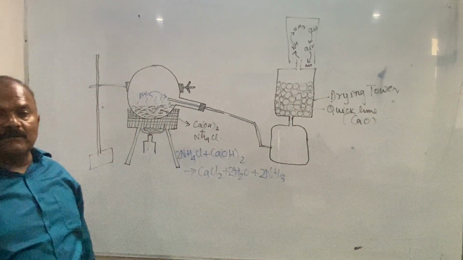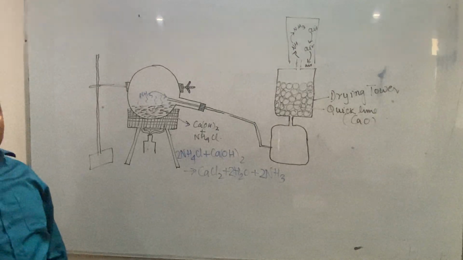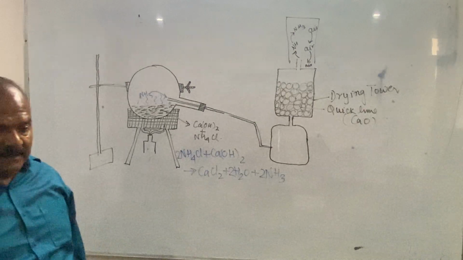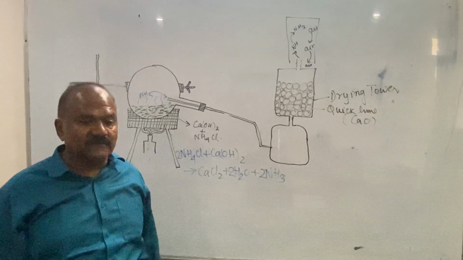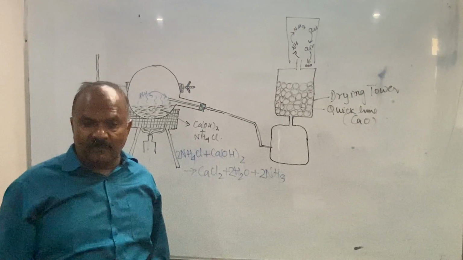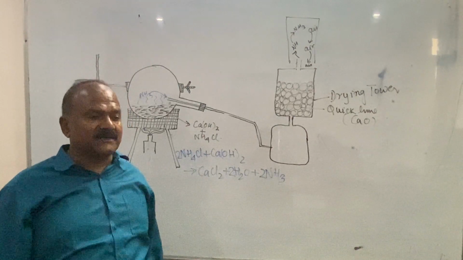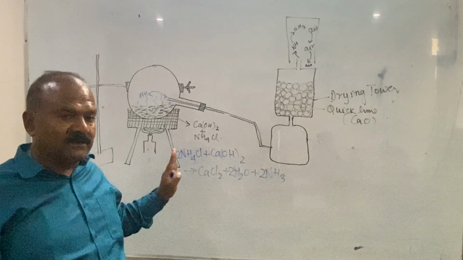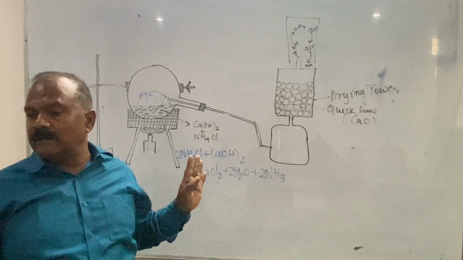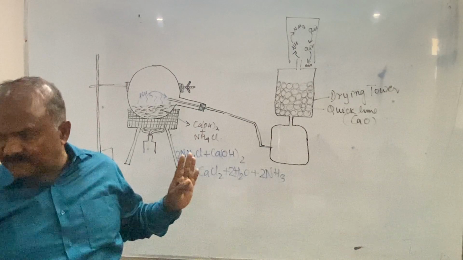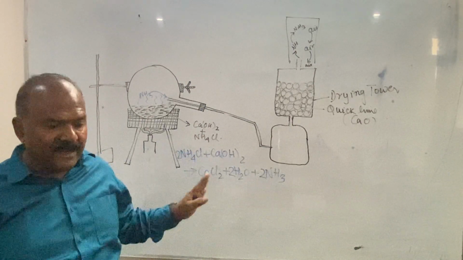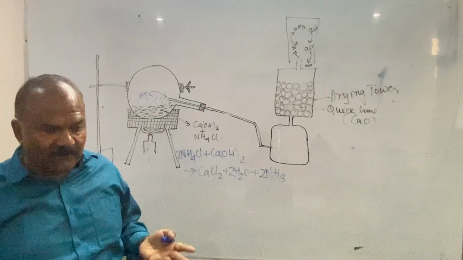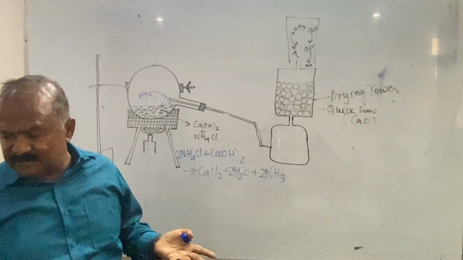Here, we cannot use, though we have P2O5 phosphorus pentaoxide, we have conc H2SO4 concentrated sulfuric acid also. They can also be used as a drying agent, but here we can't use them. We cannot use concentrated sulfuric acid as a drying agent because ammonia is a basic gas and concentrated sulfuric acid is an acid.